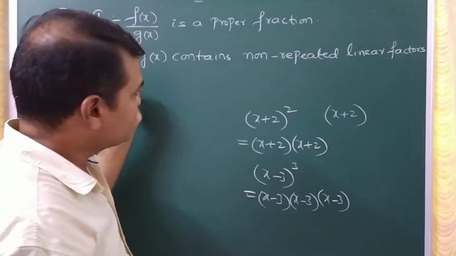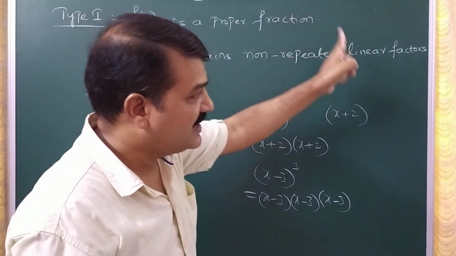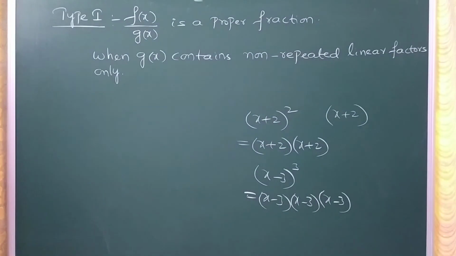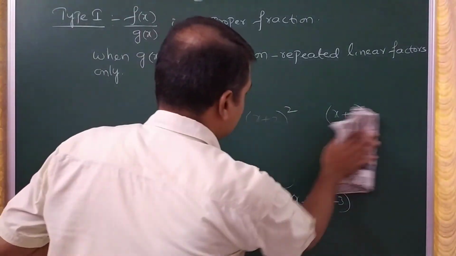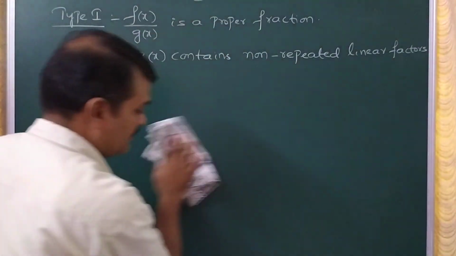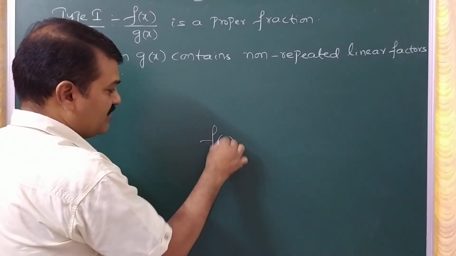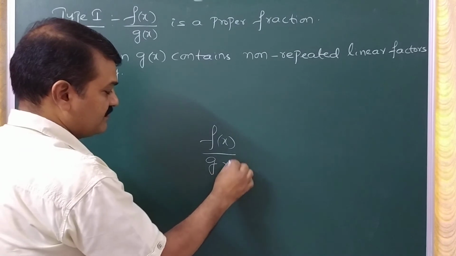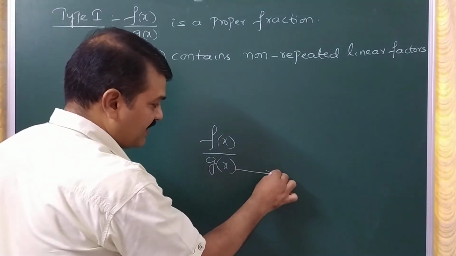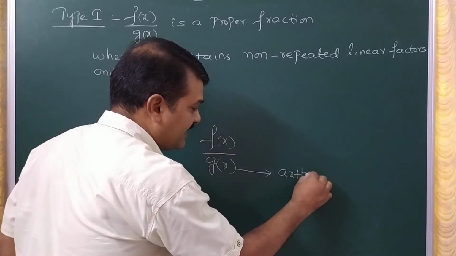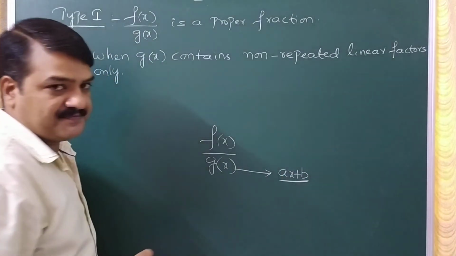So when g of x contains non-repeated linear factors only, how we are going to write the partial fractions, we will discuss now. For example, f of x by g of x is our question. This denominator has a non-repeated linear factor like ax plus b.